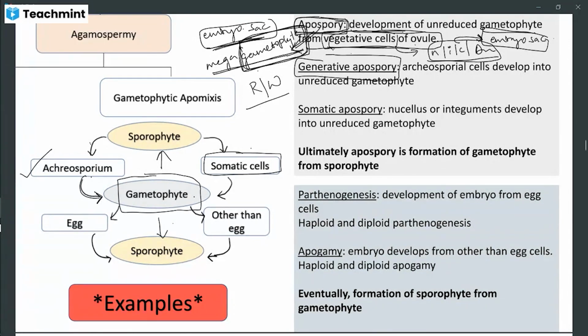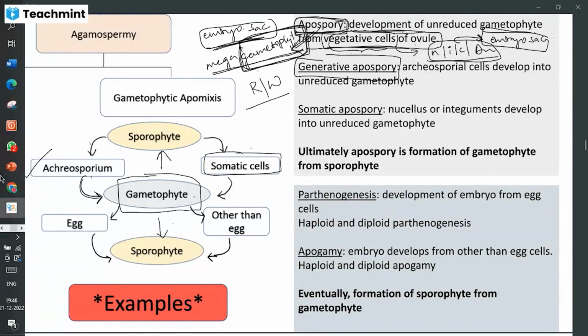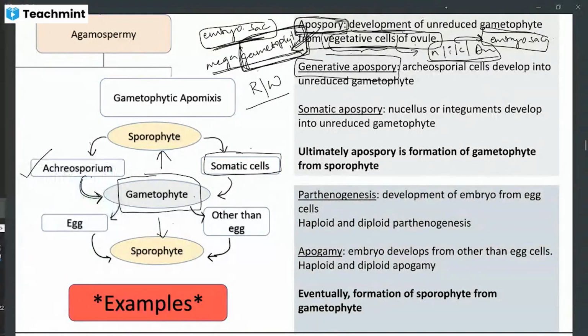And hope you know that what will be the ploidy condition of these vegetative cells? 2N, so it is diploid. If these diploid cells, without any meiosis, directly develop into an embryo sac like structure, what will be the ploidy condition of the embryo sac? 2N, so we will call it unreduced.